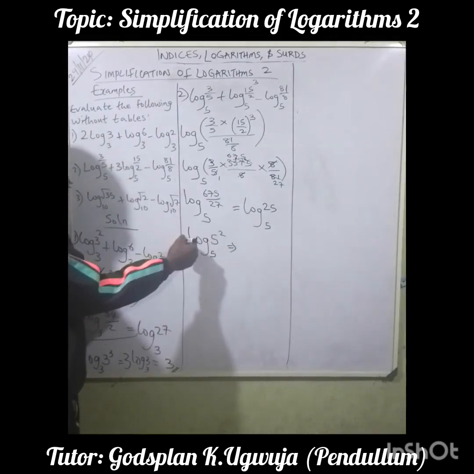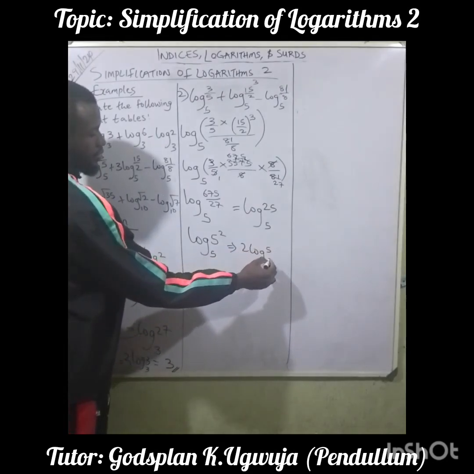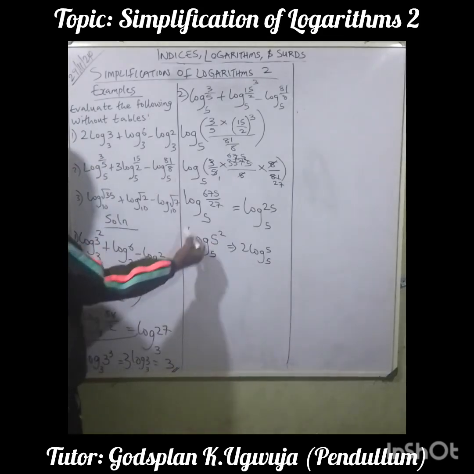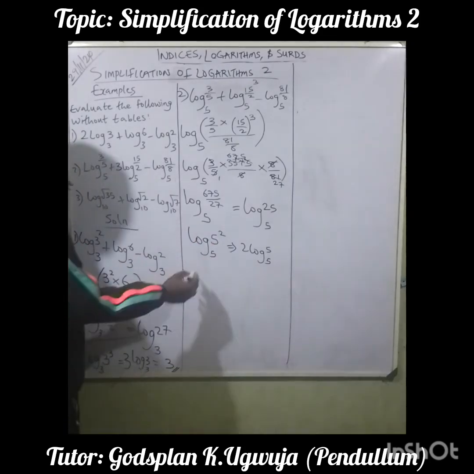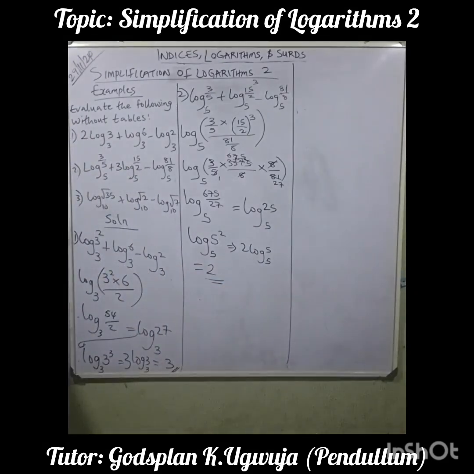I can bring these two back and we have 2 log 5 5, and log 5 5 is 1. So I can get 2 as my answer there. So you can see that it's not difficult. You just have to be careful when you're working.